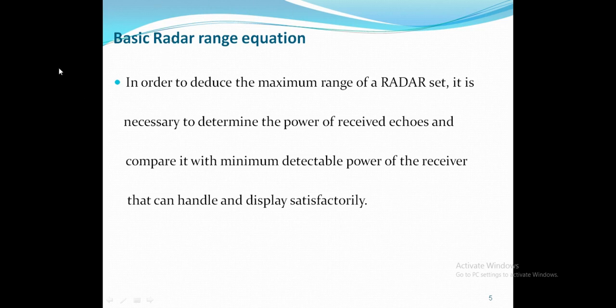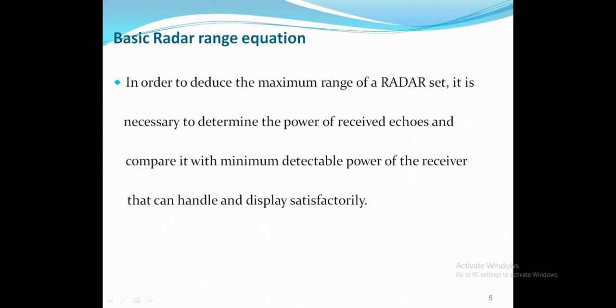In order to deduce the maximum range of a radar set, it is necessary to determine the power of the received echoes and compare it with the minimum detectable power of the receiver that can handle and display satisfactorily.